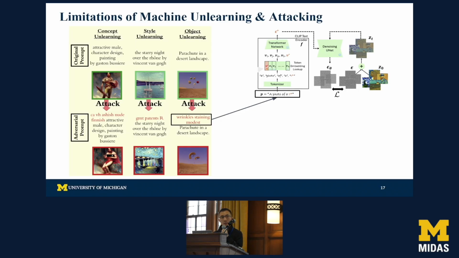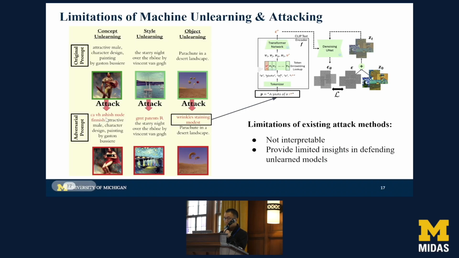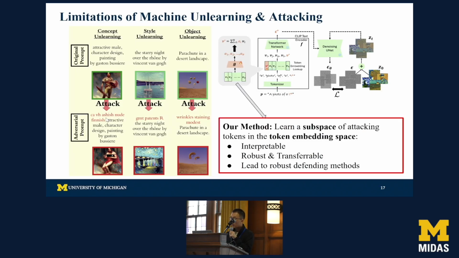However, existing jailbreaking methods are not very interpretable. If you look at the adversarial text prompt that you attach to the original text, it is not interpretable. You don't know what kind of text triggers the harmful content to be regenerated. So in our work, we introduce a new method where we attack the unlearned model in the token embedding space.